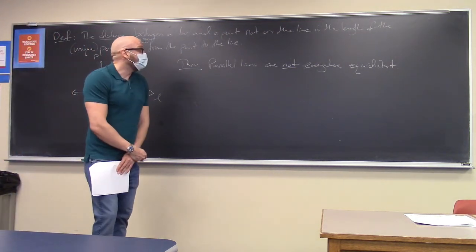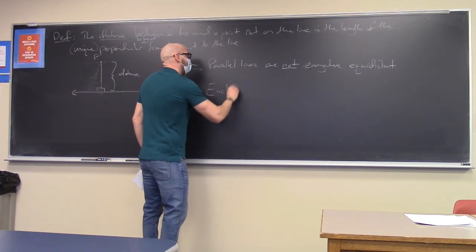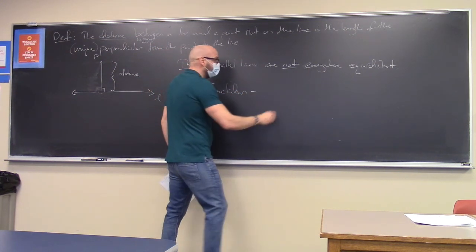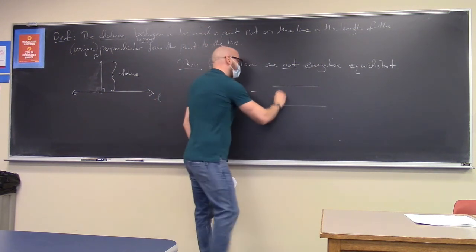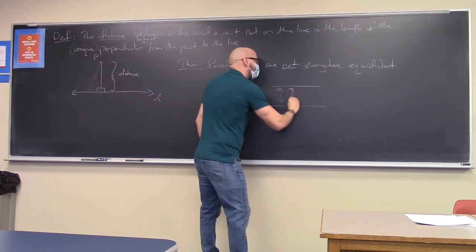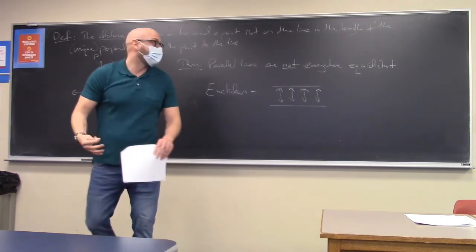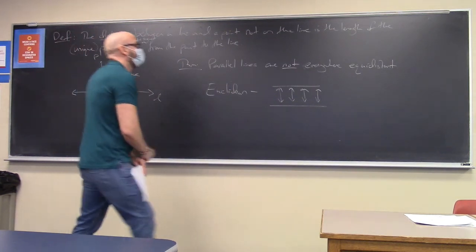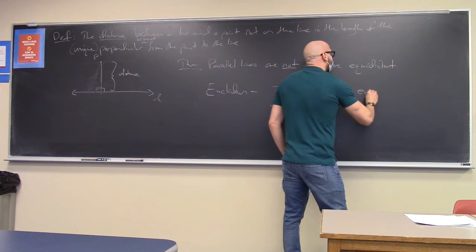Okay, so this is obviously very different than Euclidean geometry, right? What happens in Euclidean geometry about two parallel lines? Well, you measure the distance between them everywhere. That's always the same, right? They are everywhere equidistant.